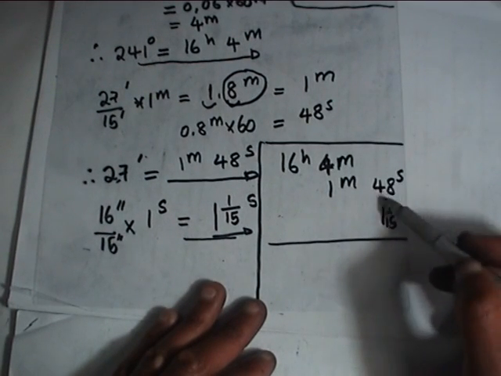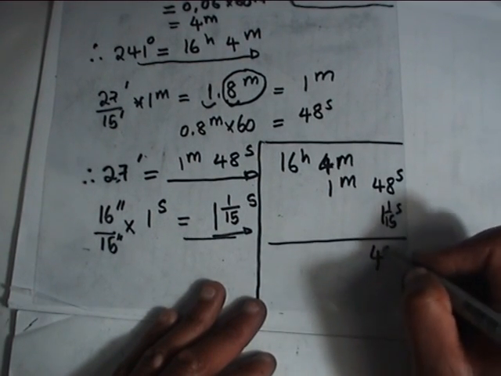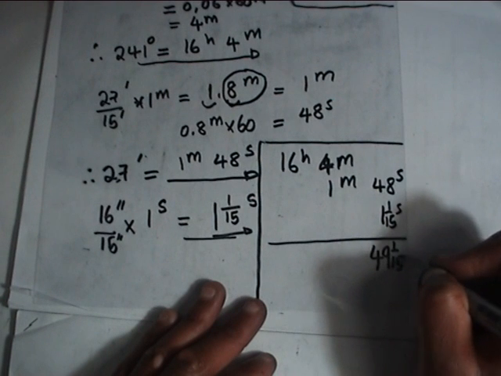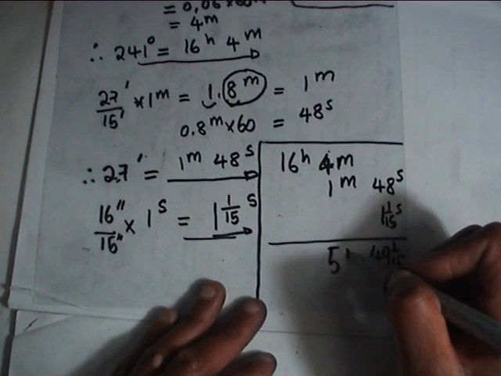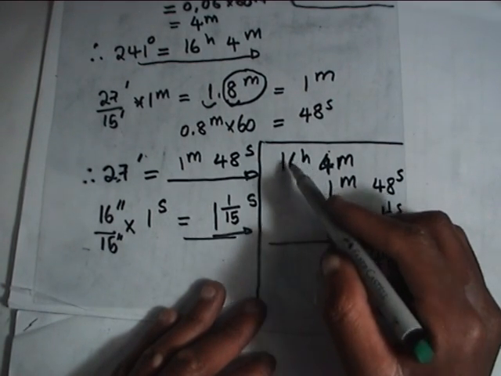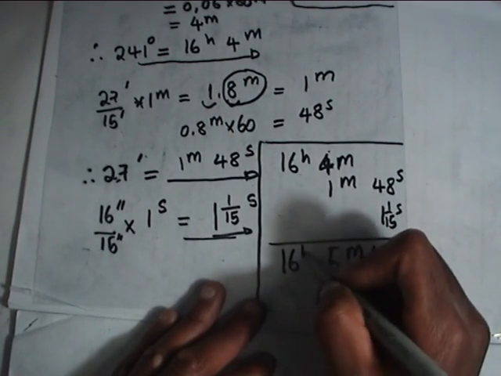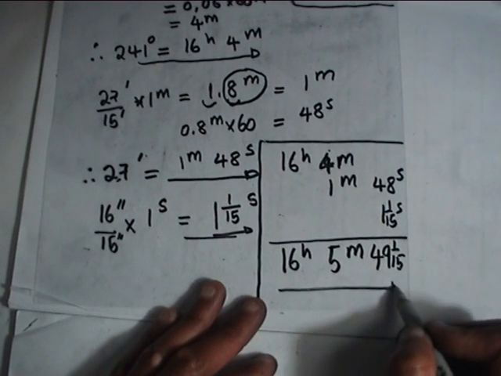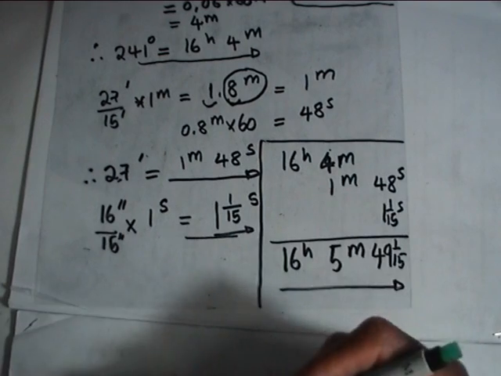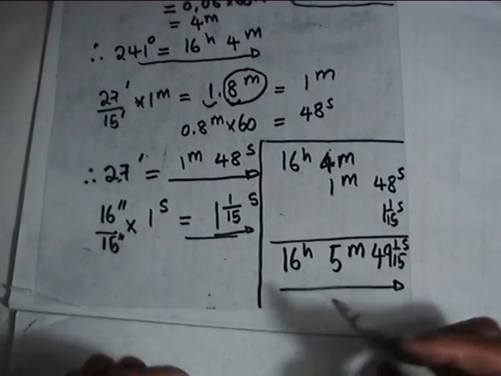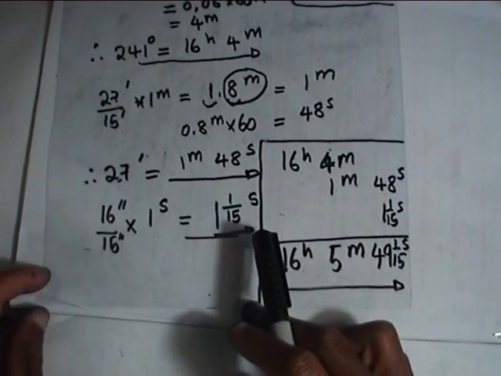So this 48 plus 1 and 1/15 will give me 49 and 1 over 15. And then this 4 plus 1 will give me 5 minutes. And then this part here will be 16 hours. So my answer is 16 hours 5 minutes and 49 and 1/15 seconds. So that is the conversion.